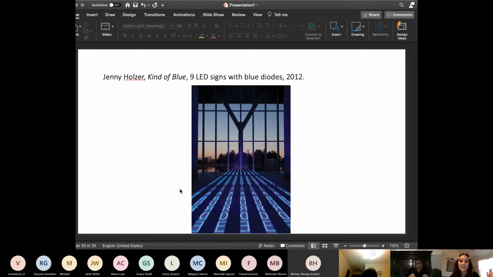She's the one that did the ticker tape that we talked about yesterday that goes around the museum. This is another example of a piece that constantly rotates the same sentence. So there's a lot of repetition in the fact that it says the same sentence over and over. There's also repetition in the fact that it says it 9 times.